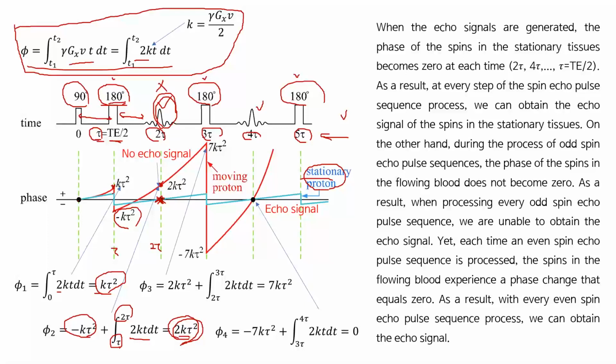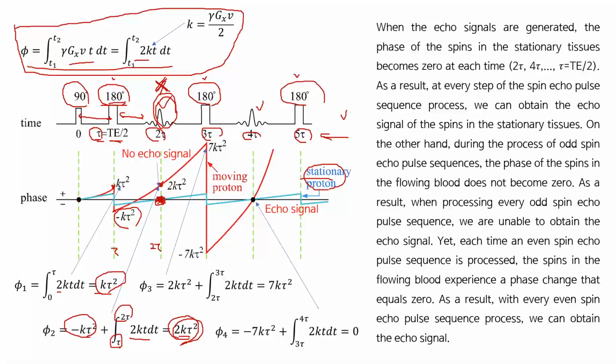So due to odd echo dephasing, we cannot obtain an echo signal from the spins in the flowing blood. For stationary spins, the phase is 0, so we can have the echo signal from the spins in the stationary tissues.